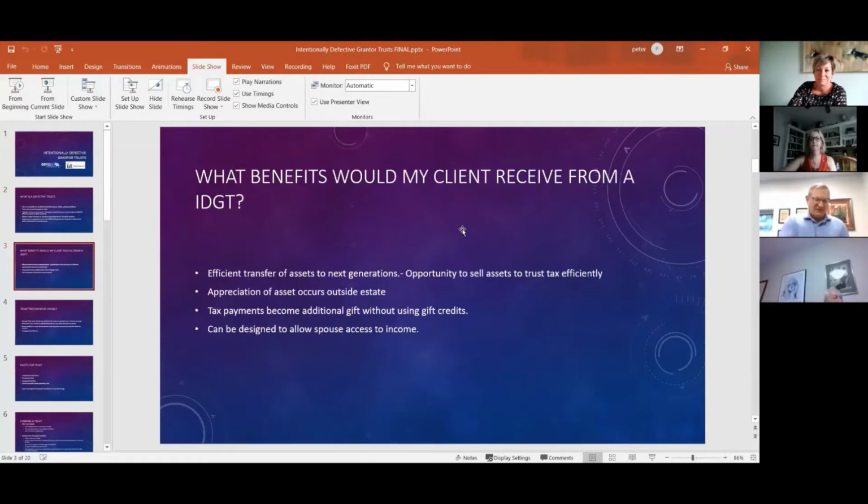So the benefit that a client gets from that is once we move that asset out of their estate into the trust, now all of that appreciation happens outside the estate. As we're looking at clients with high net worth, we can't solve that problem through just the unified credit.